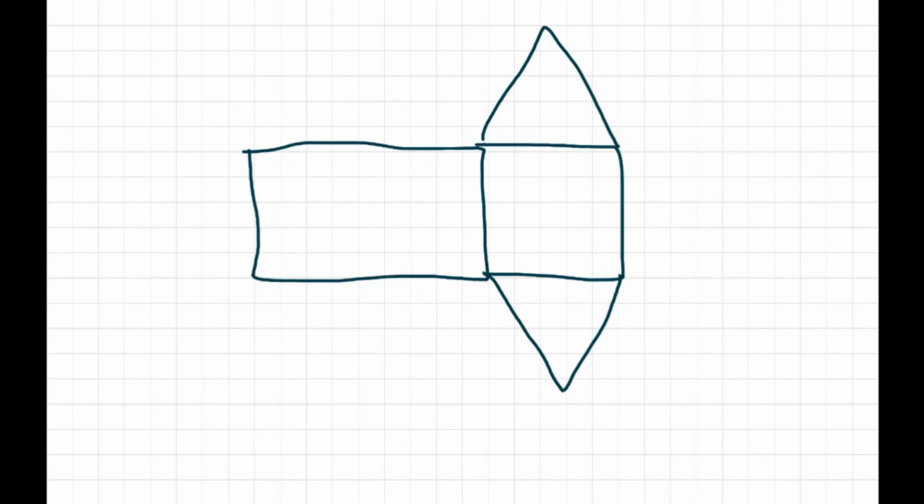So let's say this square is 5, and then this would be 9. And then this side is 6. This side is 6. So both of these triangles are going to be the same. And then see if you can try and find the perimeter knowing these values. So take a moment and pause this video and try and find the perimeter. When you're done, resume the video and we will go over the solution.